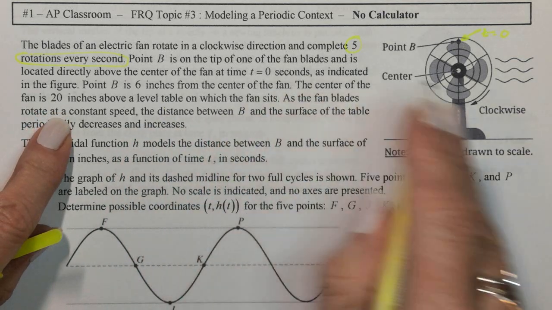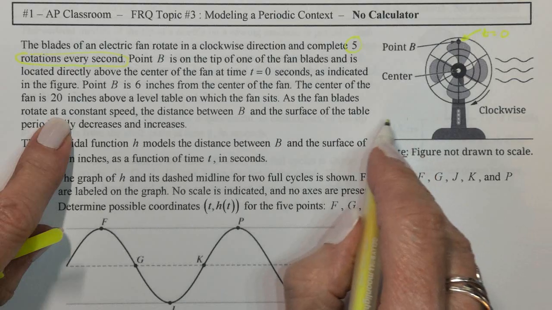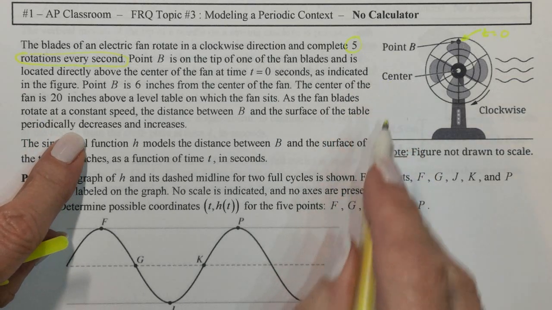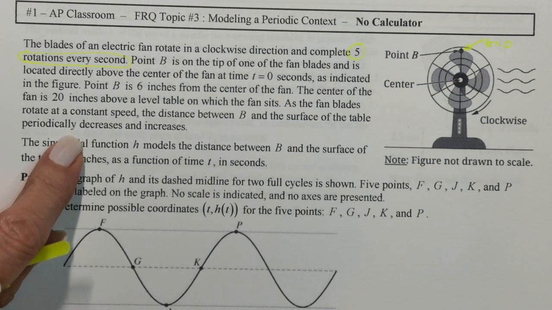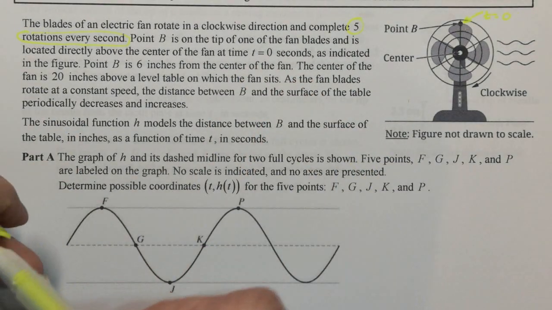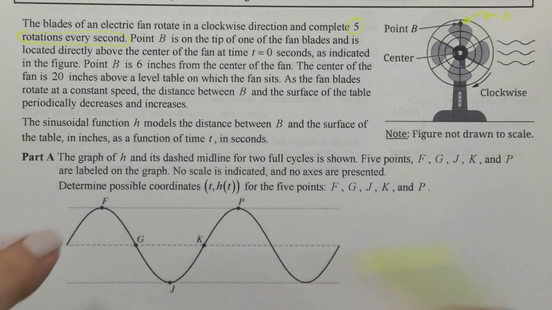As the fan blades rotate at a constant speed, the distance between B and the surface of the table periodically decreases and increases. So that was a lot of description.